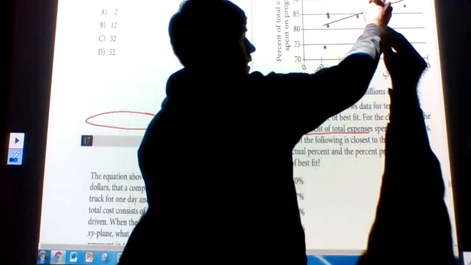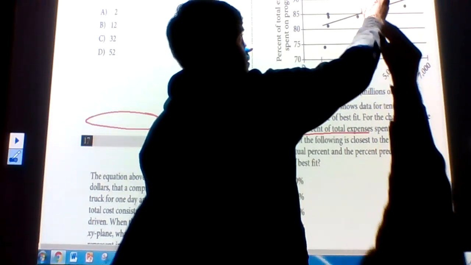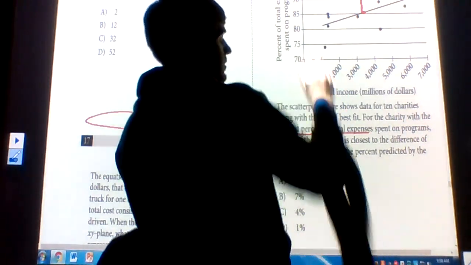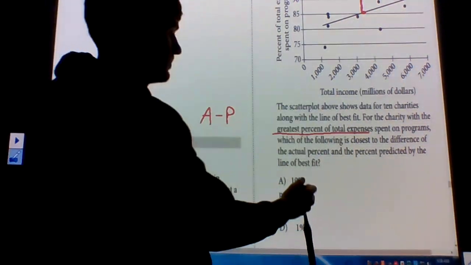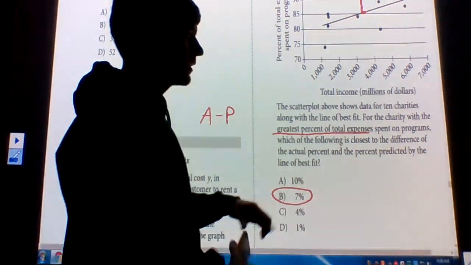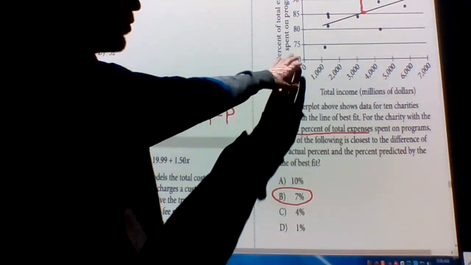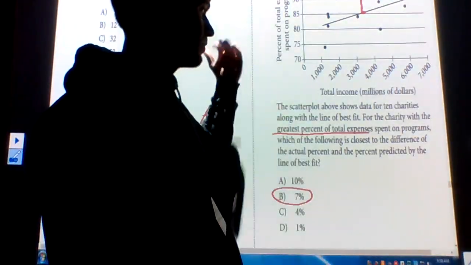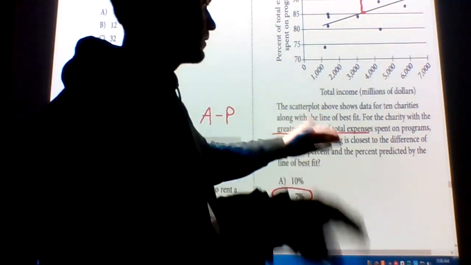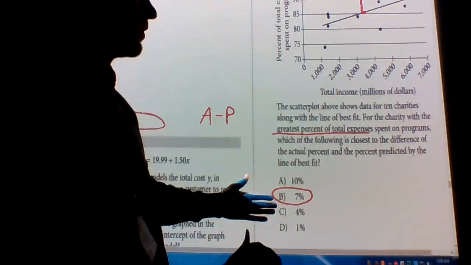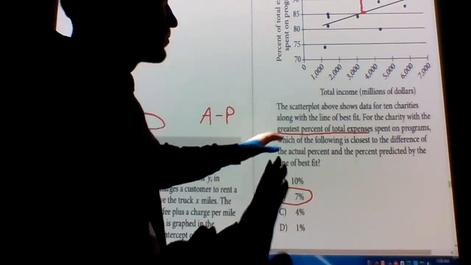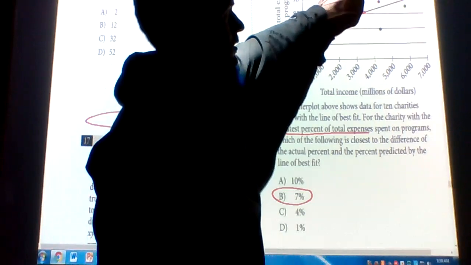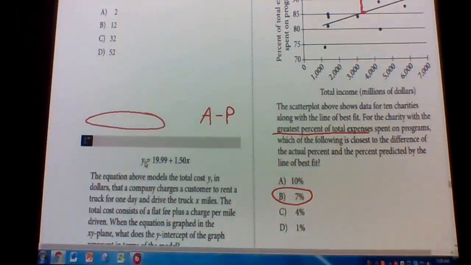So the best fit line is about right here. So we need to find this distance here. That's about 7%. Okay, so we're looking at the charity, right? The points represent the charities. The charity with the greatest percent of total expenses was this one up here. That's the highest one. And we want to find how far away from the best fit line that actually was. Okay, this is the actual, here's the predicted, what's the gap between them? It's going to be 7.